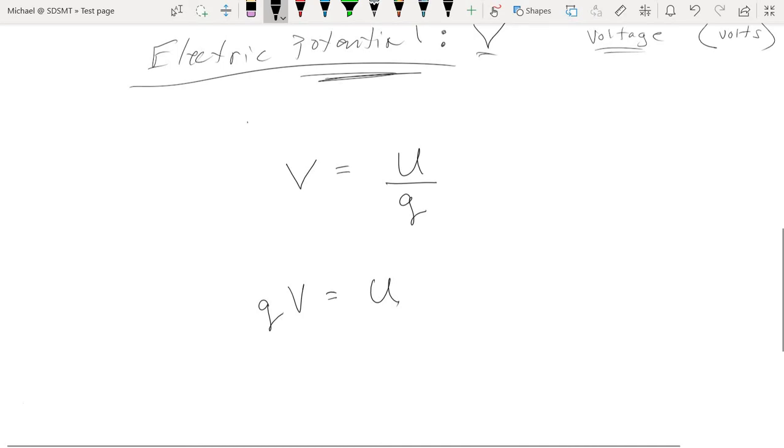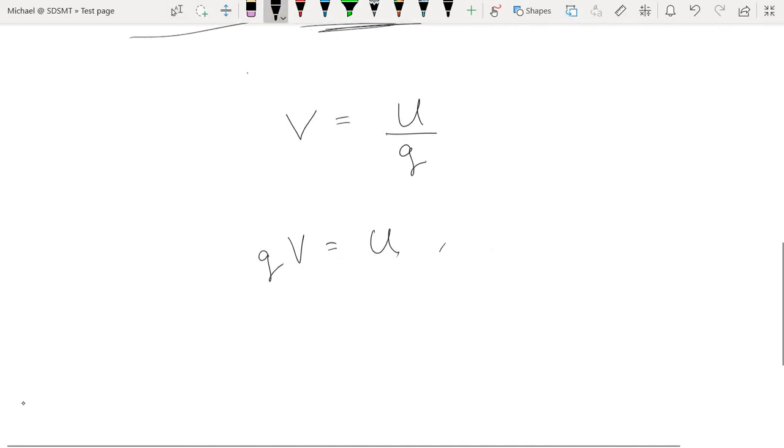Now the potential energy, as we remember, had units of joules. The electric potential, or the voltage, I'm going to try my best to use the term voltage from here on out, just so we don't have any confusion between the two.